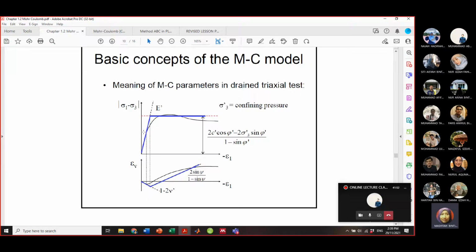When you plot the graph, what we have is some sort of non-linear curve. But when we model it as Mohr-Coulomb, you have a straight line at the linear zone as well as a straight line at the plastic zone.